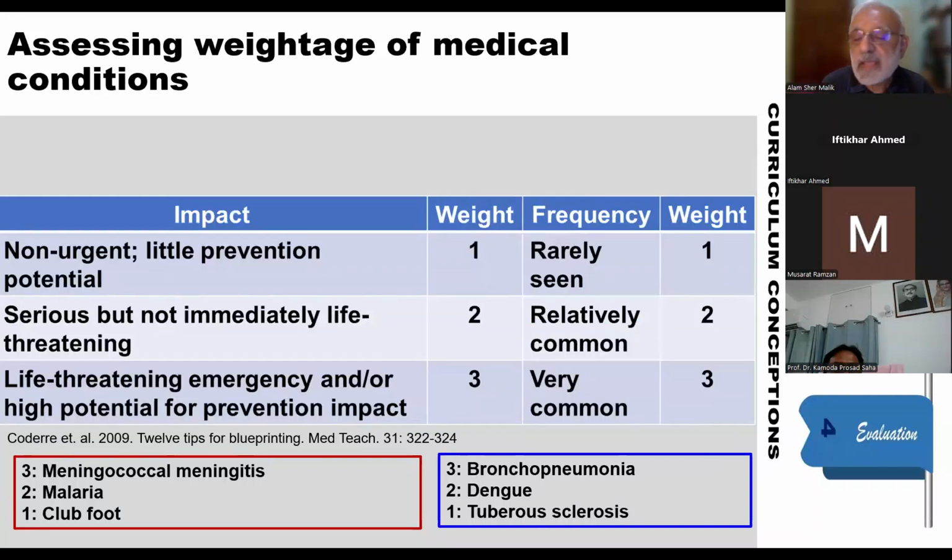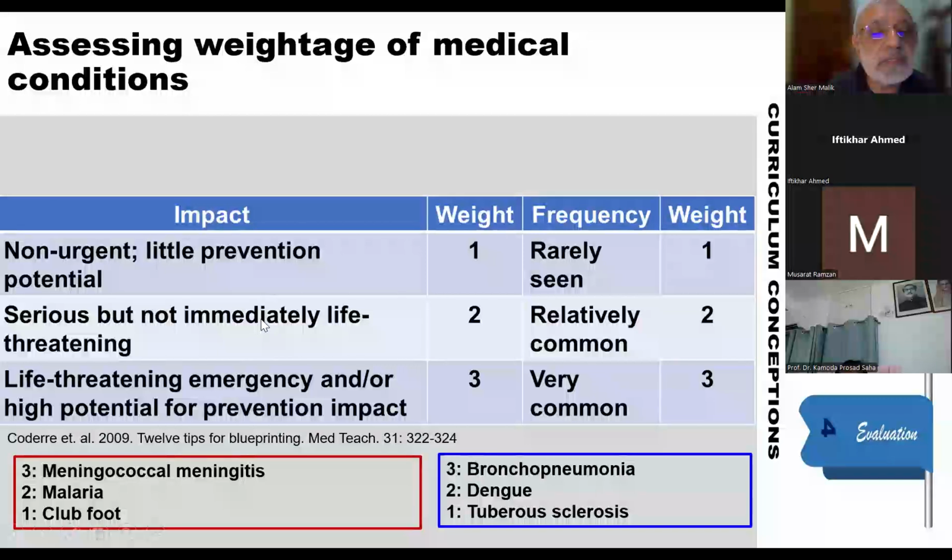Now, impact, as I mentioned earlier, is based on the morbidity and mortality. So there are 3 categories. If it is a non-urgent condition and that cannot be prevented by any means like vaccination or lifestyle changes, etc., the impact is 1.